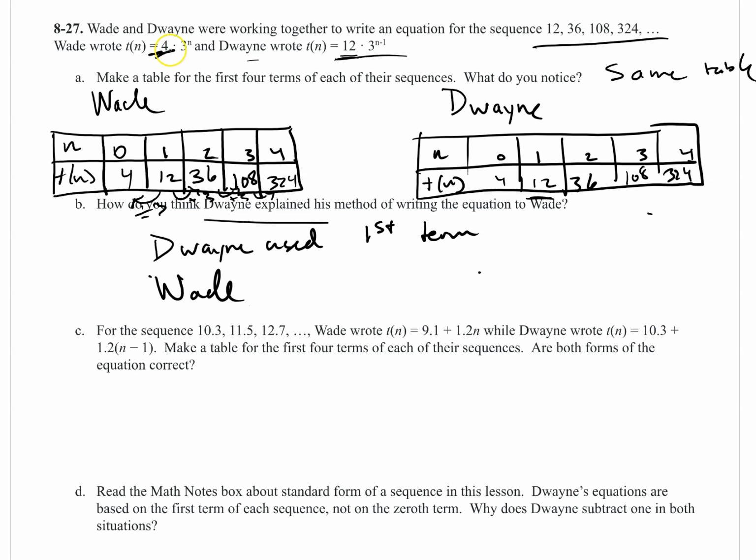So it looks like Wade used the 0 term. And that's the way we've been doing it in class. Okay? So maybe Dwayne said, use the first term instead of the 0 term.